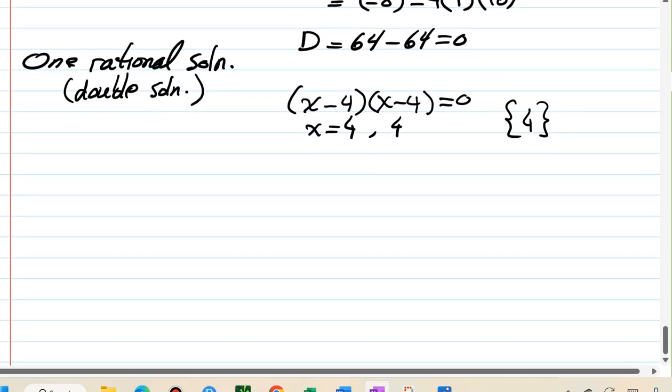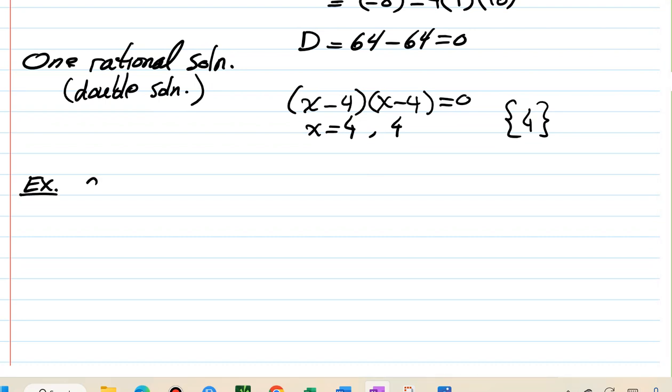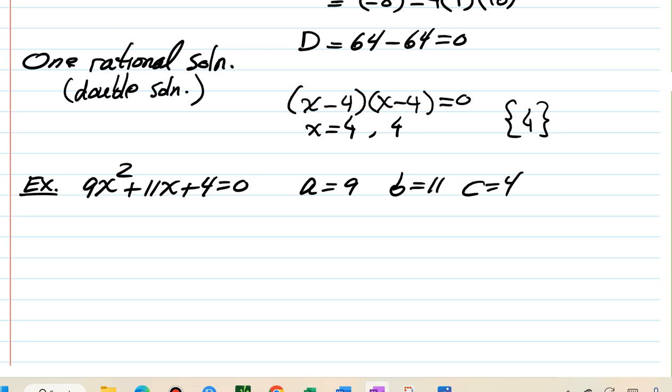All right, and let me do one last one here, and we'll be done with this lecture. Trying to keep the lectures on or about an hour. 9x squared plus 11x plus 4 equals 0. Again, here's A is 9, B is 11, and C is 4.